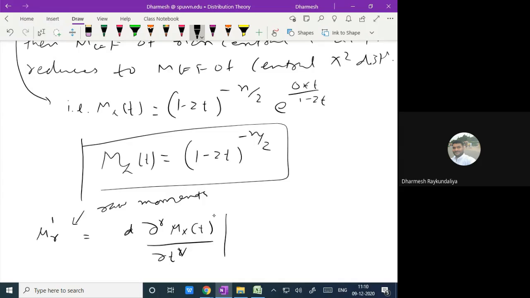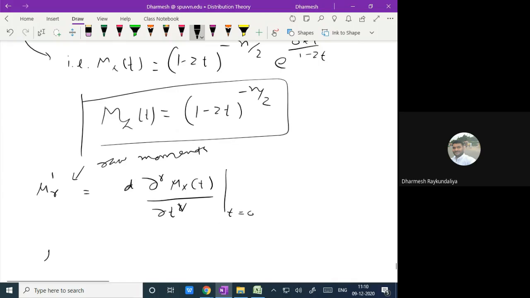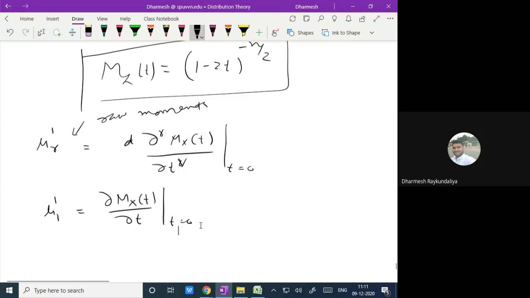You just substitute t equal to 0, and it will give the rth moment. If you wish to find out the first moment, you have to just take the partial derivative with respect to t and just equate it to t equal to 0. You will get the first raw moment, second raw moment likewise. And then by using the relation of the raw moments, you can find out the mean and variance of a distribution.